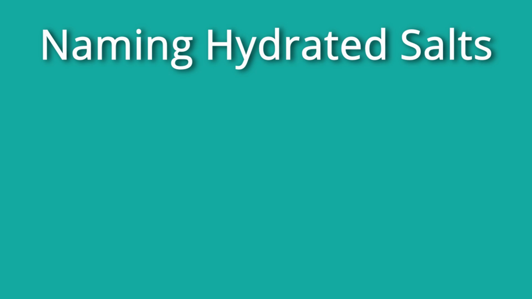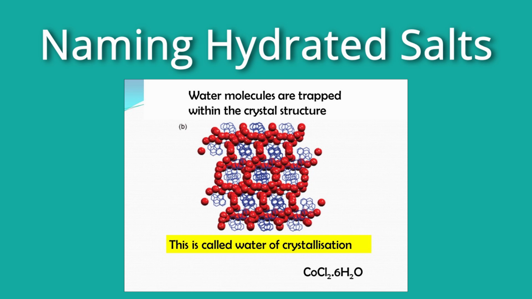Naming hydrated salts. A salt is a nonmetal and a metal that are ionically bonded together. A hydrated salt is when water molecules are introduced, and the water molecules essentially sit inside the salt crystal lattice.